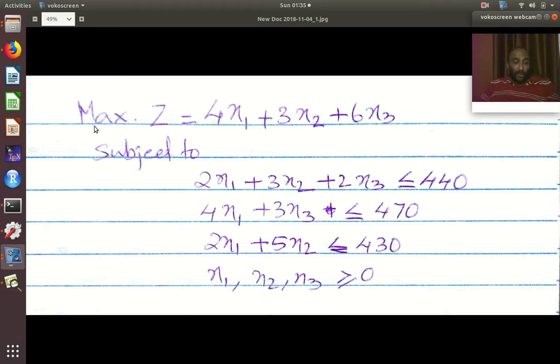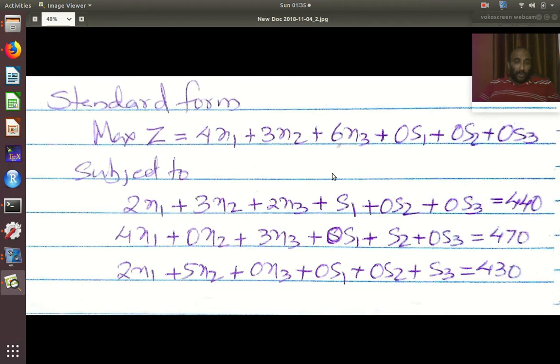Now we have to incorporate slack and surplus variables so that these inequalities are changed into equalities. Here you can see the standard form of the equation.